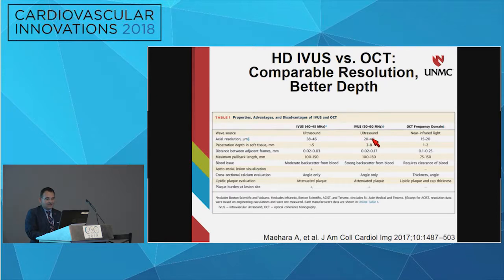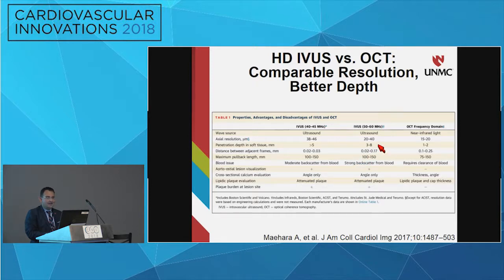With high definition it is double, a better spatial resolution, but still worse than the OCT. The penetration, as we said, has been the big advantage with IVUS, on average more than 6 millimeters, versus the OCT, which has a very poor penetration in the range of 1 to 2 millimeters, so we cannot see the near field and the far field very well.